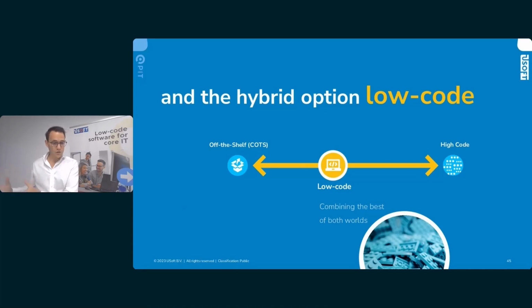You can custom code everything from scratch, or you can use a technology in the middle that you can use to speed up the development process, but still ensure that what you are creating is specifically tailored to your needs. And it's not that one is better than the other. There are inherent advantages and disadvantages to every method. And it's always key to select the right technology for you.